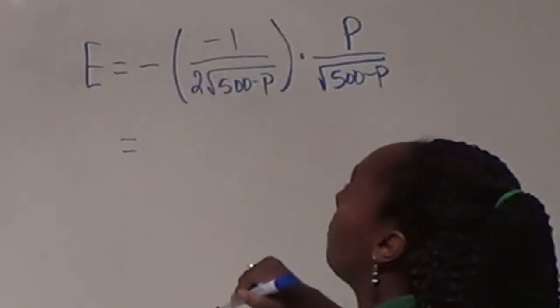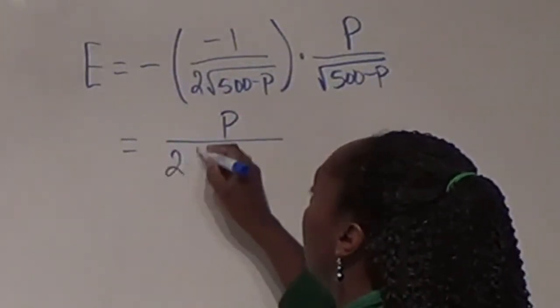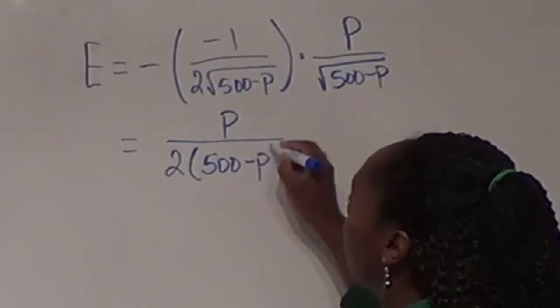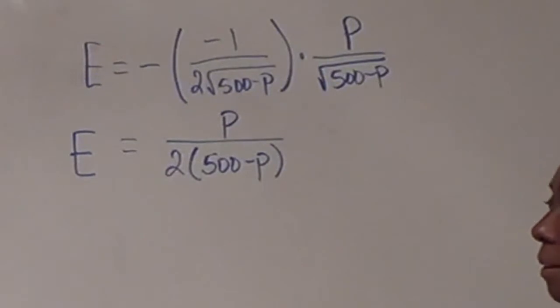So we can see the negatives will cancel out. We'll get a P over 2 times, and the square roots will cancel out, 500 minus P. There's our elasticity function. Okay.